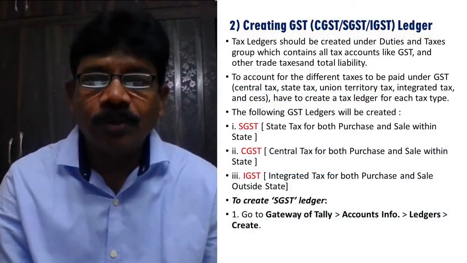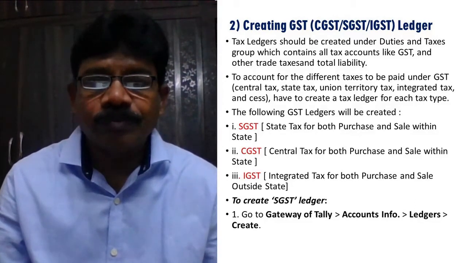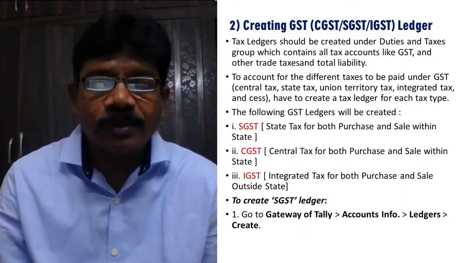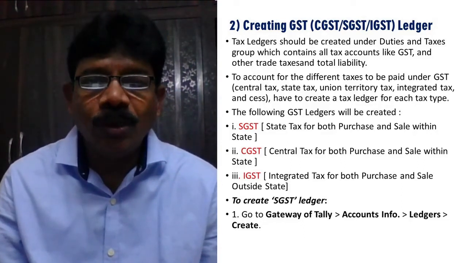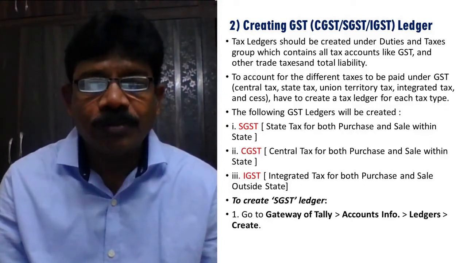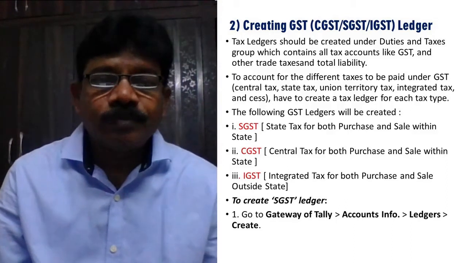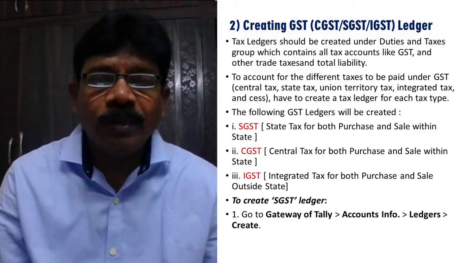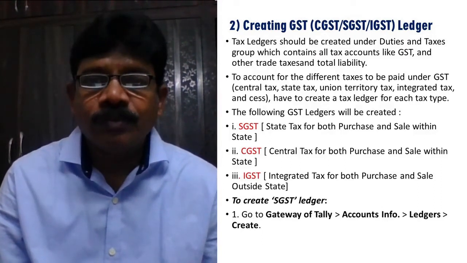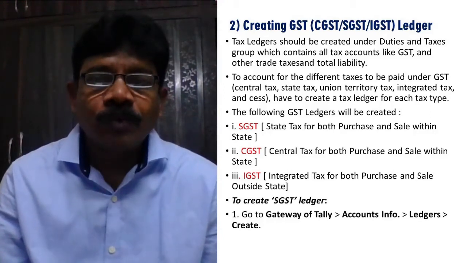Then how to create CGST, SGST, IGST ledgers. Tax ledgers should be created under the group of duties and taxes. Earlier, for the question bank problems also, we created SGST and CGST under the duties and taxes group only, so you can refer to our earlier videos also.